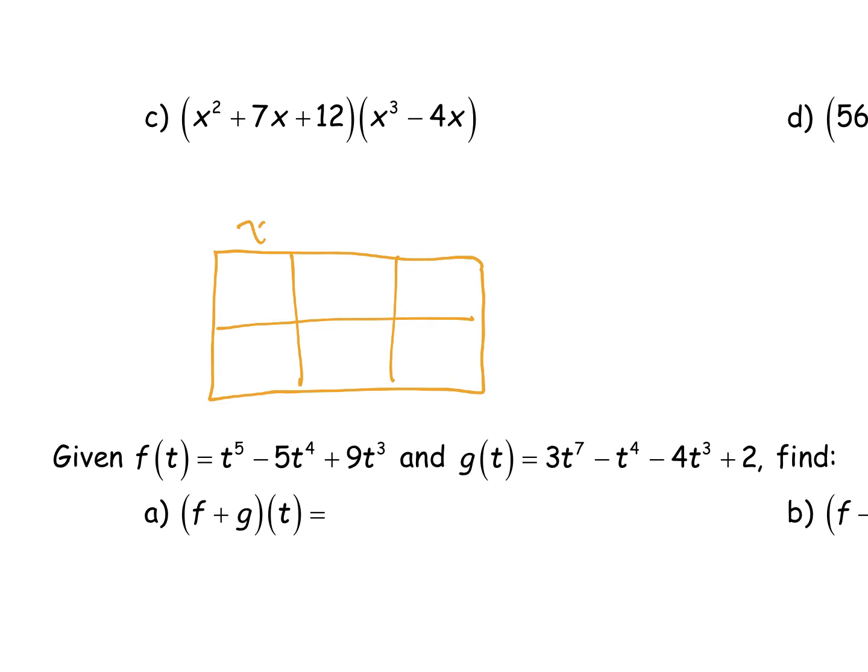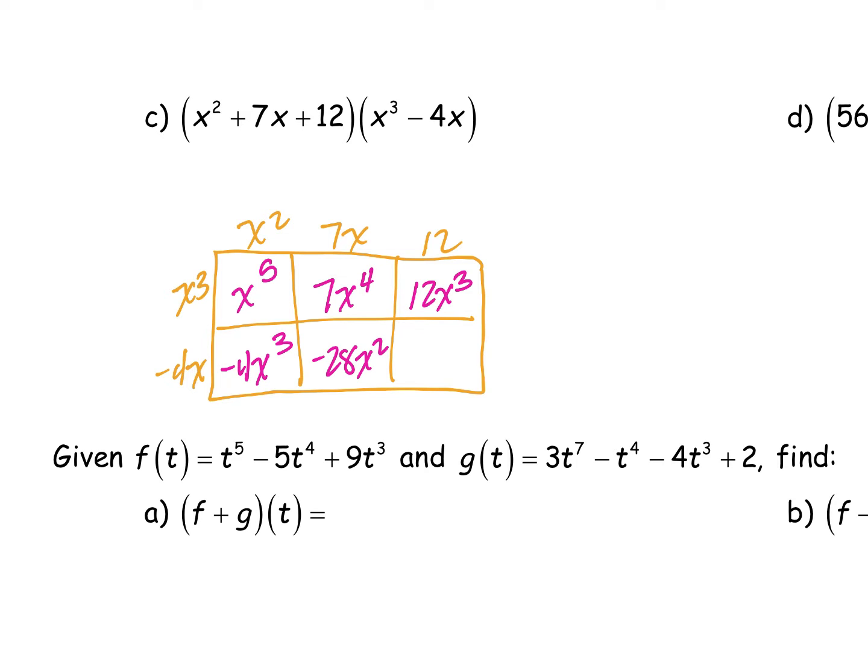I've got x squared, 7x, and 12, and x cubed, and negative 4x. x cubed times x squared is x to the 5th. x cubed times 7x is 7x to the 4th. 12x cubed, negative 4x to the 3rd, negative 28x squared, and negative 48x.